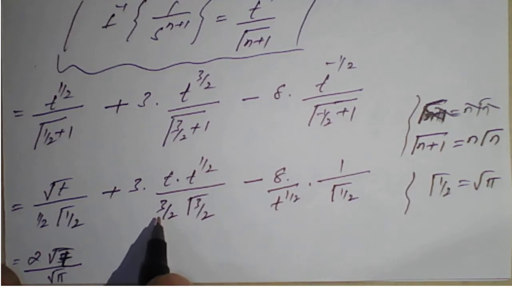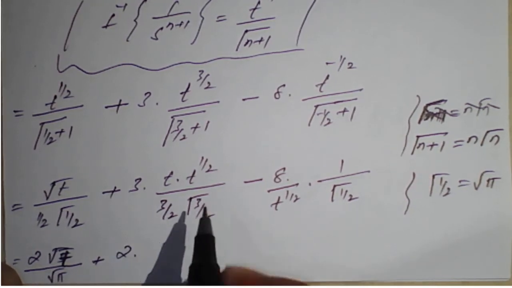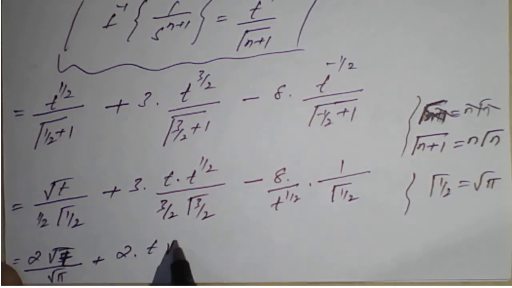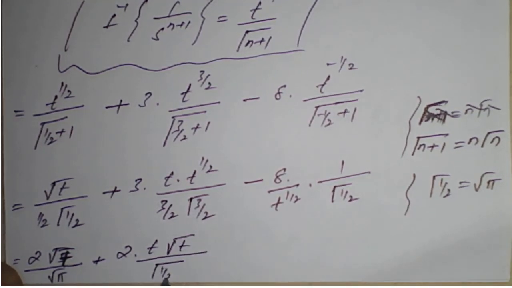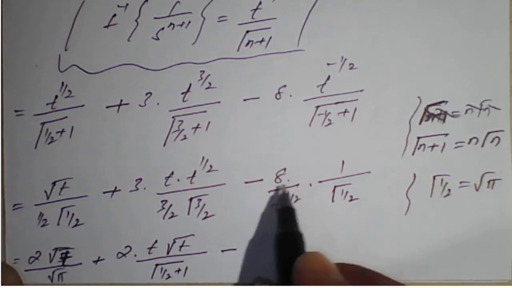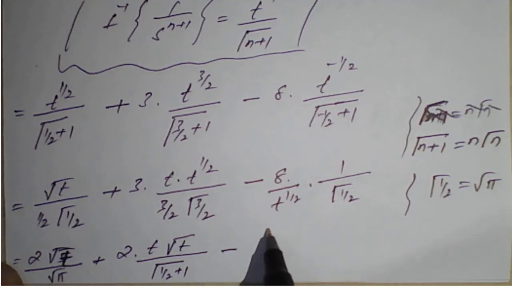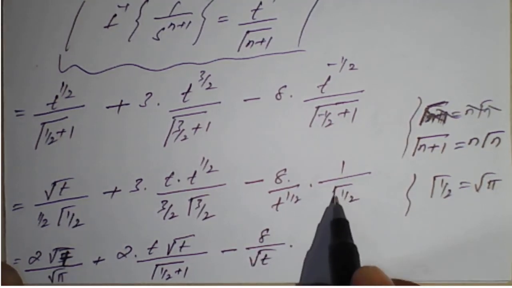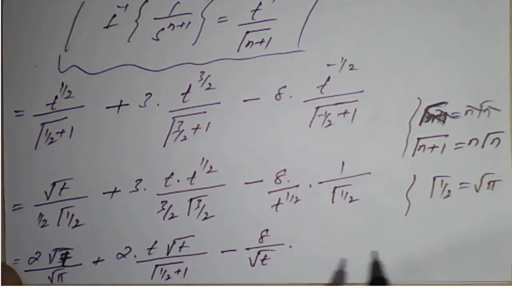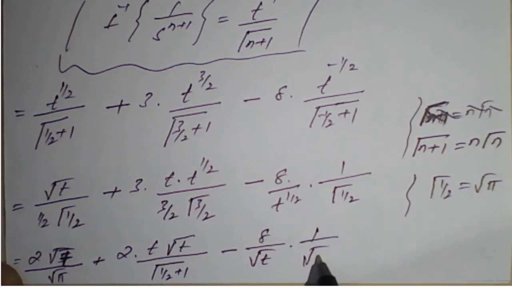So this 3 and 3 get cancelled, 2 will go up, plus 2 into t root t divided by gamma of 3 by 2, which again we can write as gamma of 1 by 2 plus 1, minus 8 divided by root t into 1 upon gamma of 1 by 2, which is nothing but 1 upon root pi.